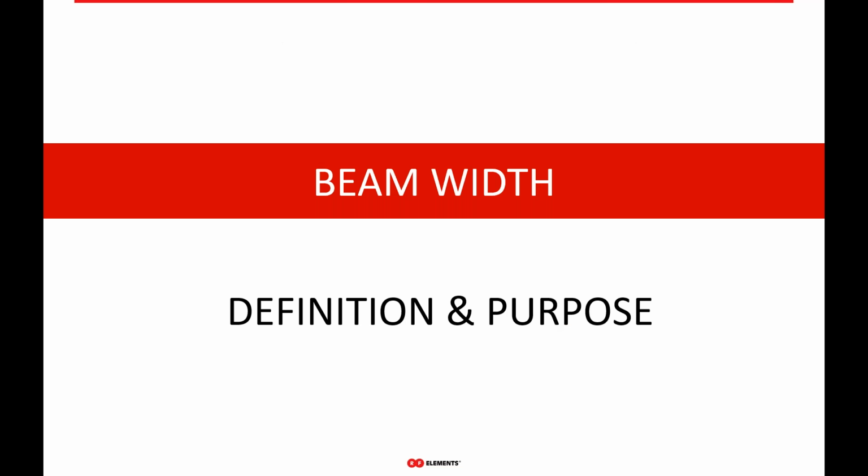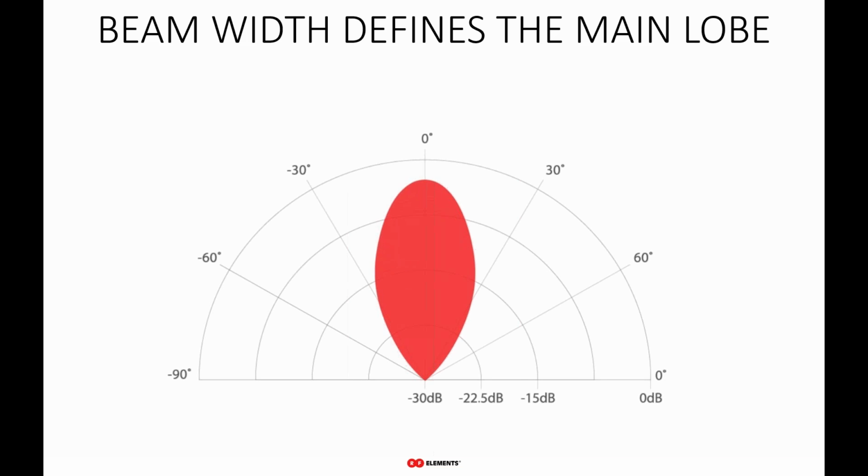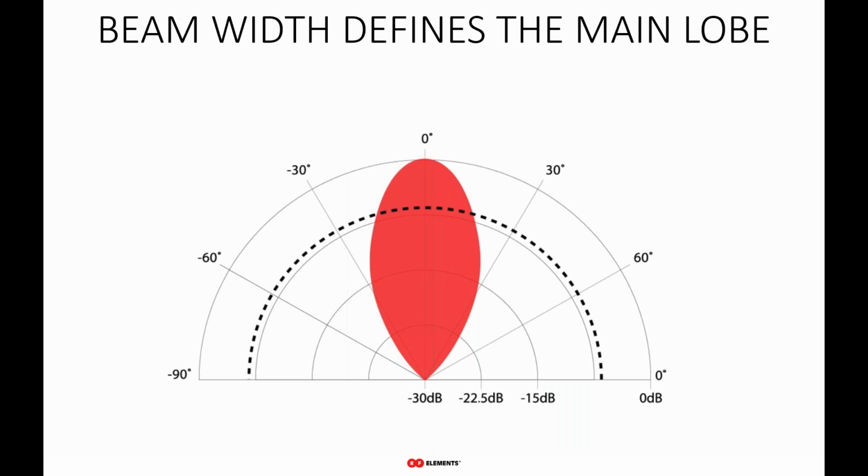So if the beam width doesn't define the coverage, then what good is that number to you, right? What good is it for planning if it's not that simple? Beam width is an antenna parameter, defined by the decrease of antenna gain from the boresight, or the center of the antenna, by some specific value.